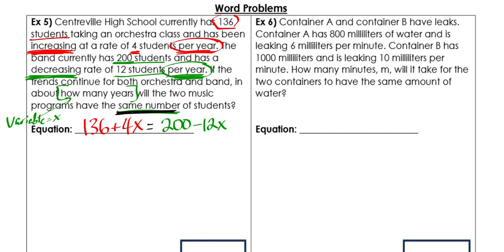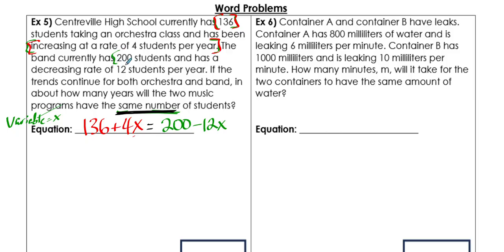I'm going to recap that one more time because that is a lot. Starts at 136, and it's increasing by 4 students per year. Oh, I messed up those colors. Sorry, that one should be red. Starts at 136, and it's going up by 4 students per year.